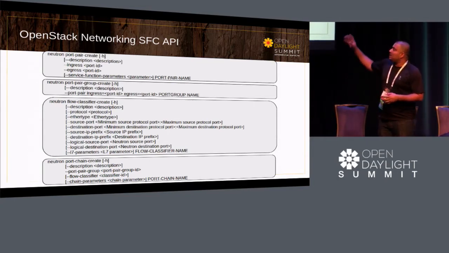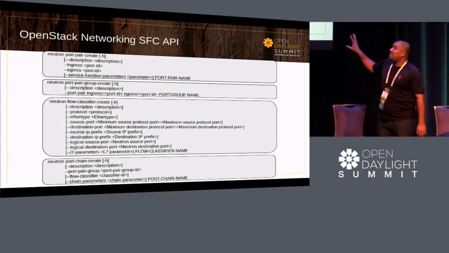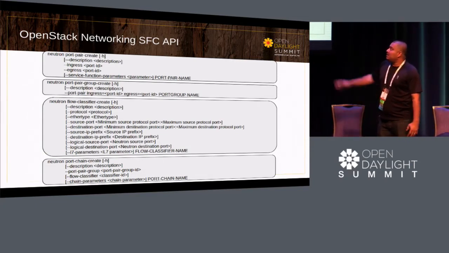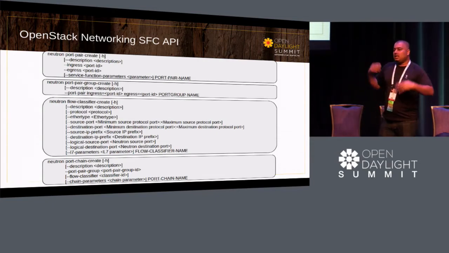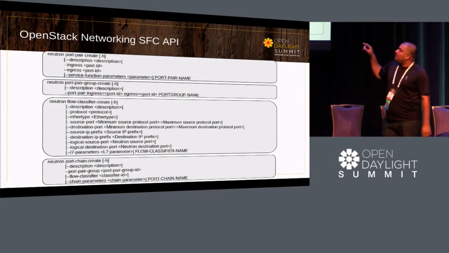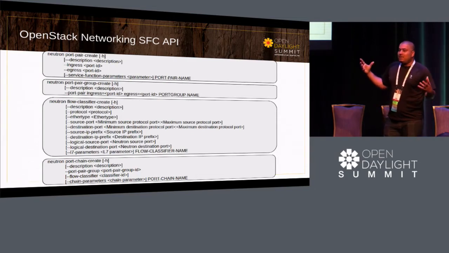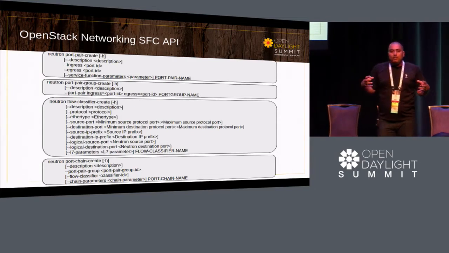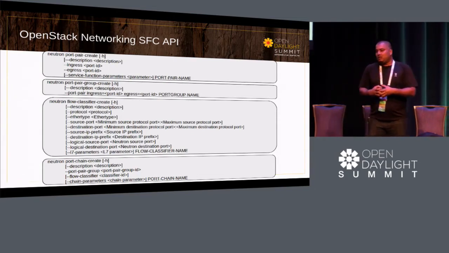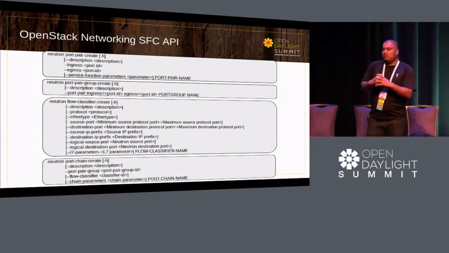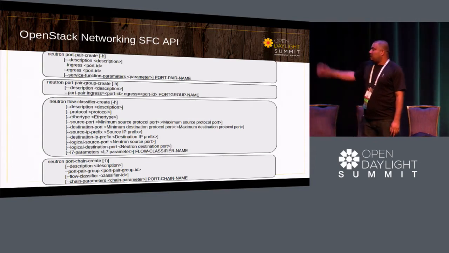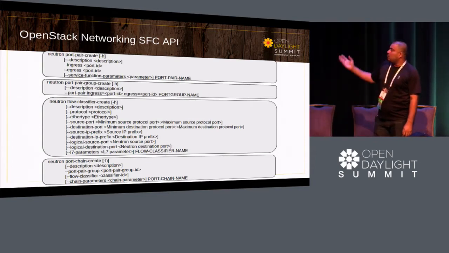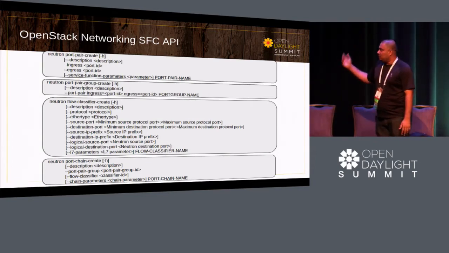These are the APIs the networking SFC project exposes. First is port pair create. A port pair is basically the VM's ingress and egress port. Then you have a port pair group, which is a group of VNFs of equivalent functionality, so you can bunch those VMs together and represent them as a group. Then the flow classifier classifies the traffic.